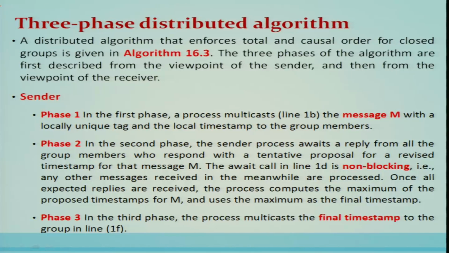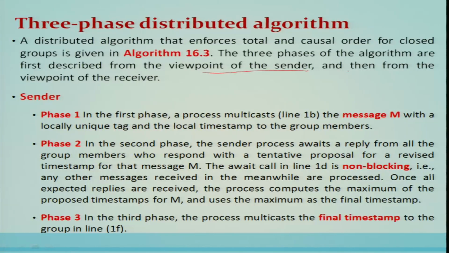So, another algorithm is called the three-phase algorithm. The three-phase algorithm also ensures the total order. If it is ensuring total order, that means causal order is also ensured as far as the hierarchy of these classes is concerned. So, a distributed algorithm that enforces total order and causal order for closed groups is given by the three-phase algorithm. The three phases of the algorithm are first described from the viewpoint of the sender and then from the viewpoint of the receiver.